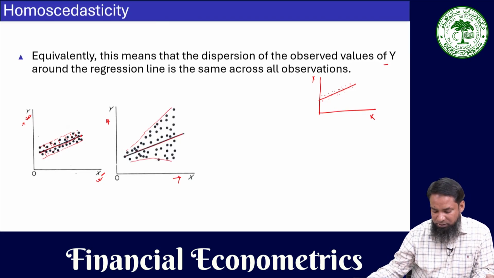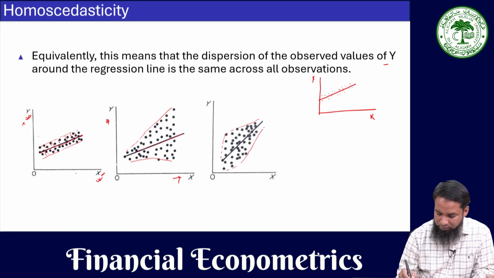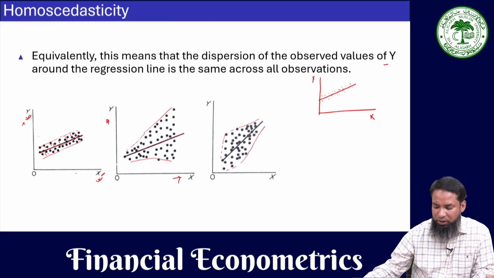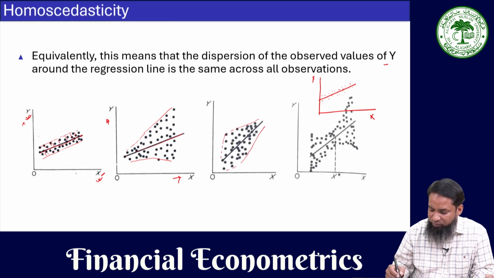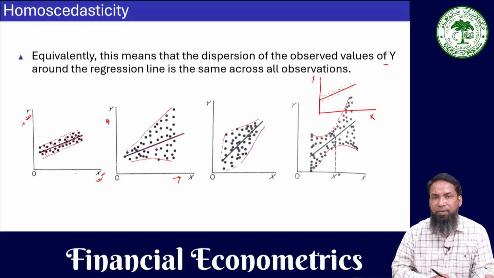Or we could have a situation where the dispersion was higher and then, as x increases, the dispersion is decreasing. Or we could have another relationship where the dispersion was high, then decreases as x increases, but again after a certain point, as x increases, the dispersion increases.